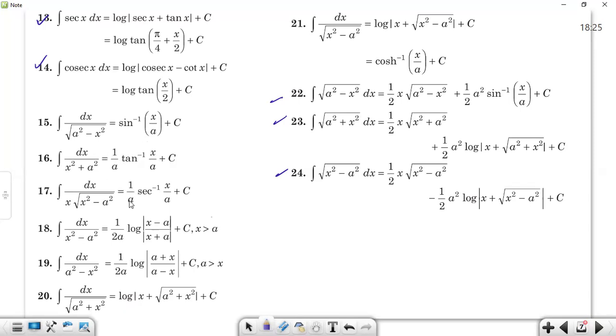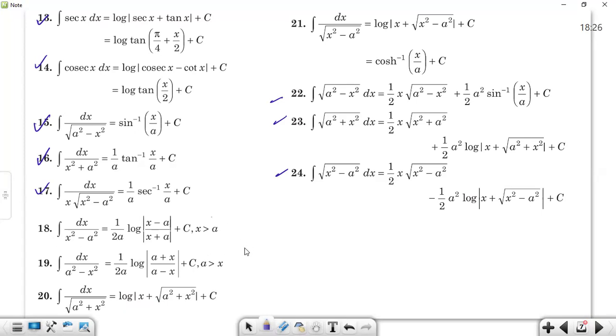Here also a is in the denominator, 2a is in the denominator. So you can make this observation and help yourself to learn. This is the formula for 1 upon x square plus a square, which is 1 by a tan inverse of x by a. And this is the secant inverse formula.